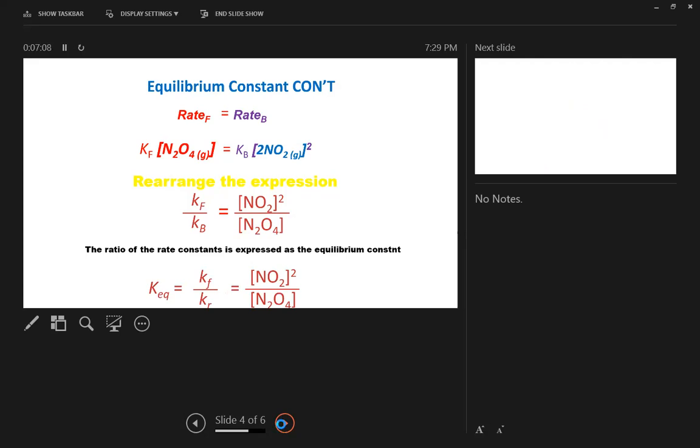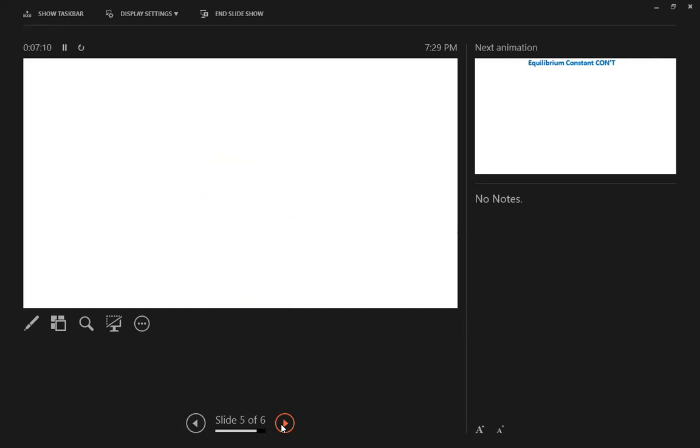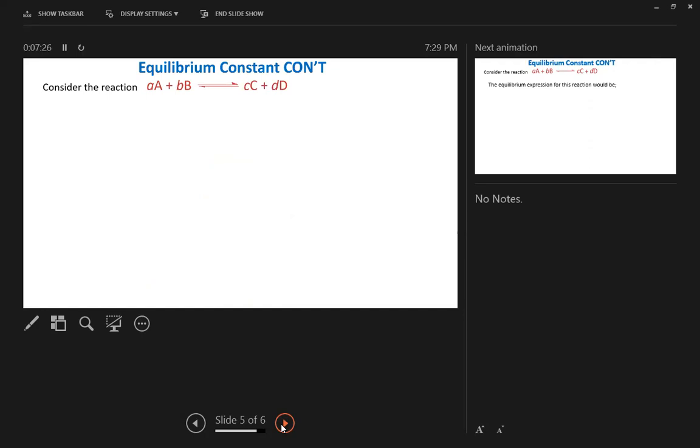All right, so let's look at a further expression that could help our understanding. Now, consider this reaction, for instance. We have aA plus bB, with coefficients of small letter a and small letter b, going to cC plus dD, with coefficients small c and small d. Now the equilibrium expression for this reaction would be K equilibrium.